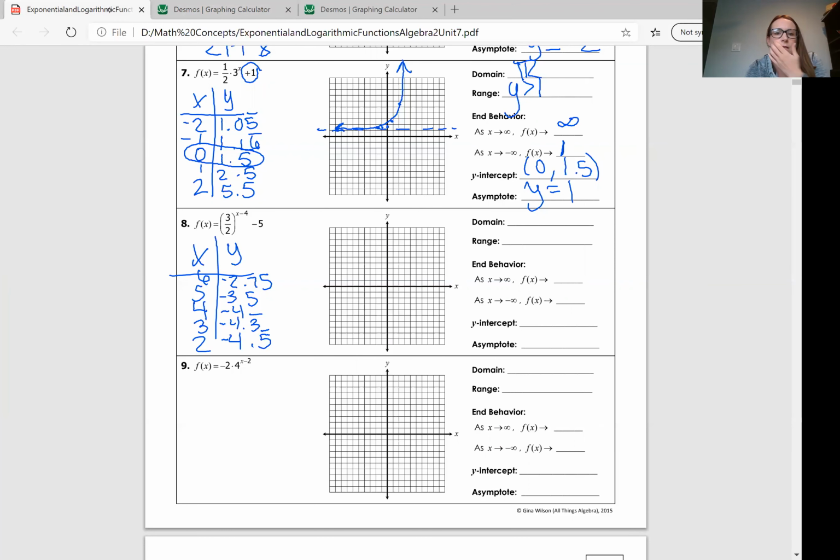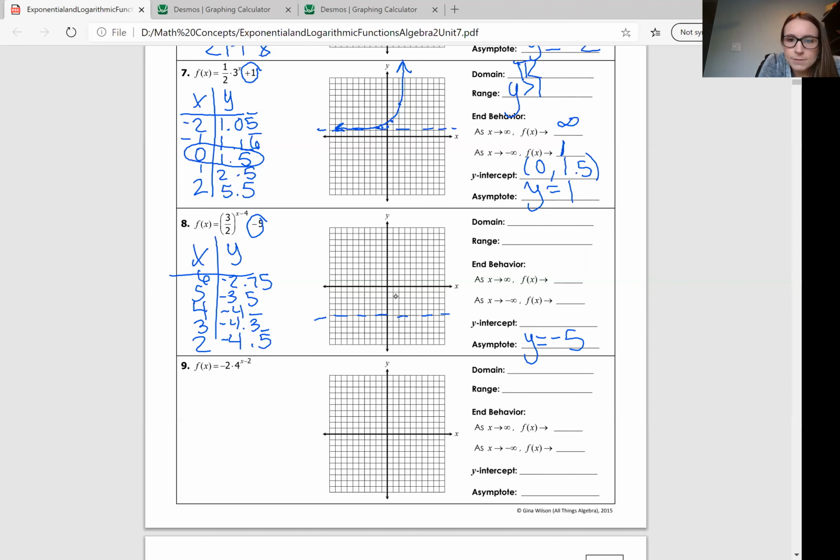All right, so here, we already talked about this. This is our asymptote, right? So that's negative 5, so y is negative 5, and I can draw that in. 1, 2, 3, 4, 5. So an asymptote, I don't think I ever said, but you can see it's a dashed line, so make sure you're not drawing solid lines. All right, now that we have the asymptote in, we can graph these points.